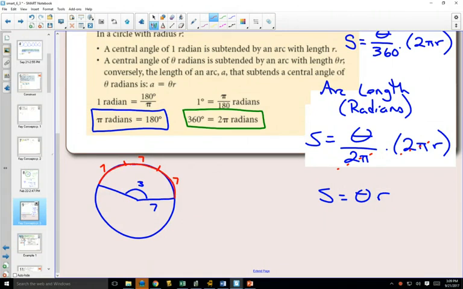You could do it as a proportion, 3 out of 2 pi times the whole circumference, but the second formula makes sense from the definition of a radian. If we know how many radians we have, that's how many radiuses around the outside we would have. And if we know the length of the radius, then we just have to count 7, 14, 21 and figure it out that way. And this formula is on your formula sheet.